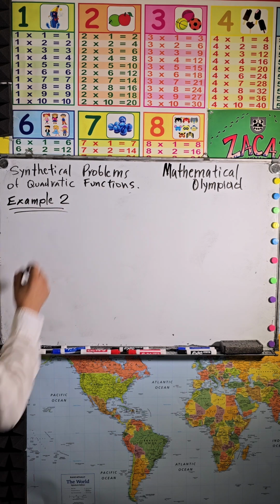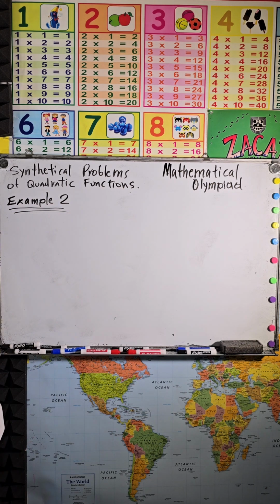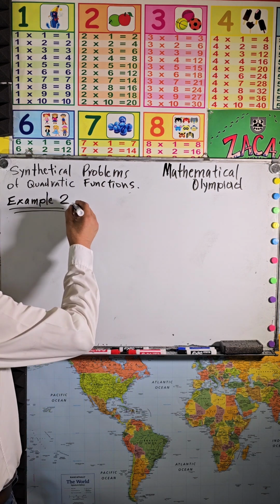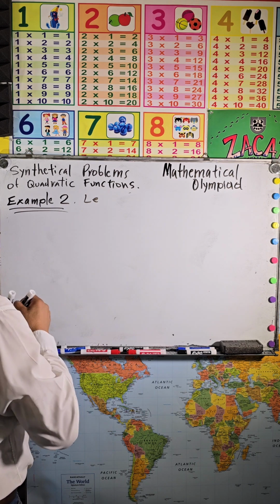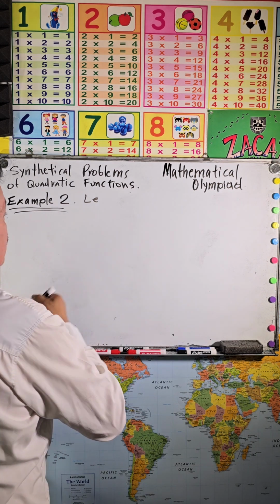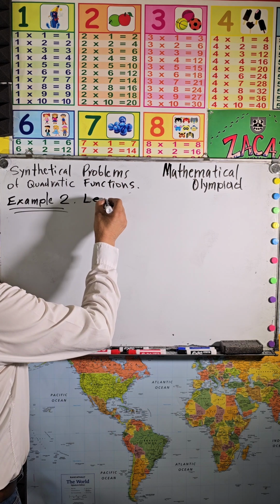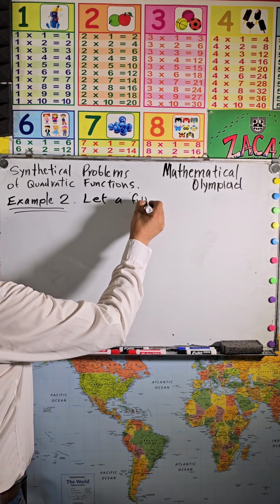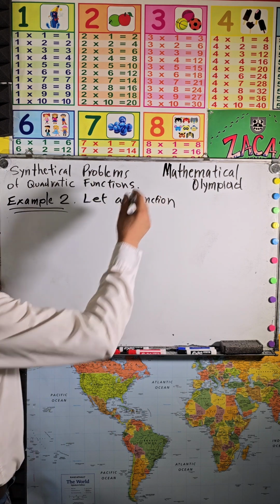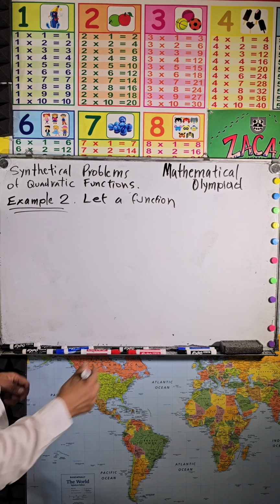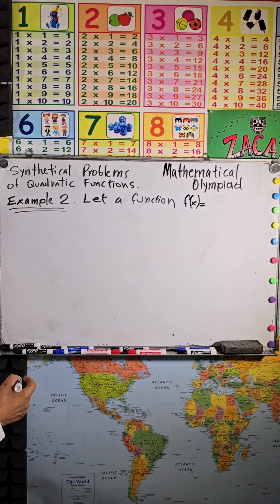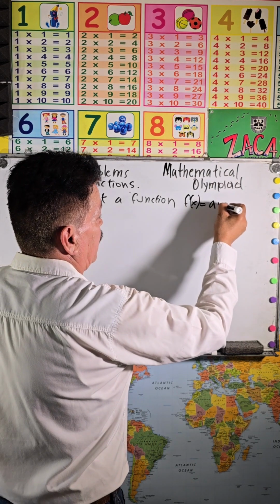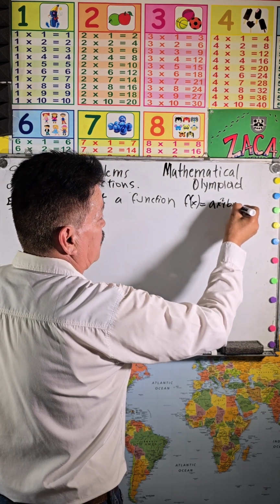Example 2. Let's write this problem here. Let a function f(x) equal ax squared plus bx plus c.